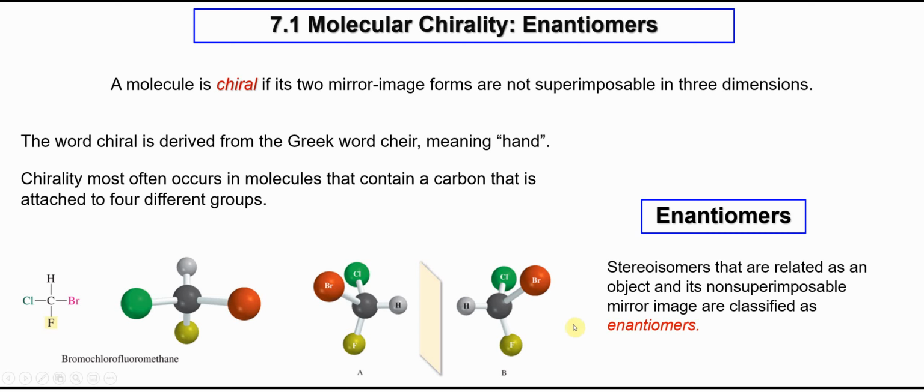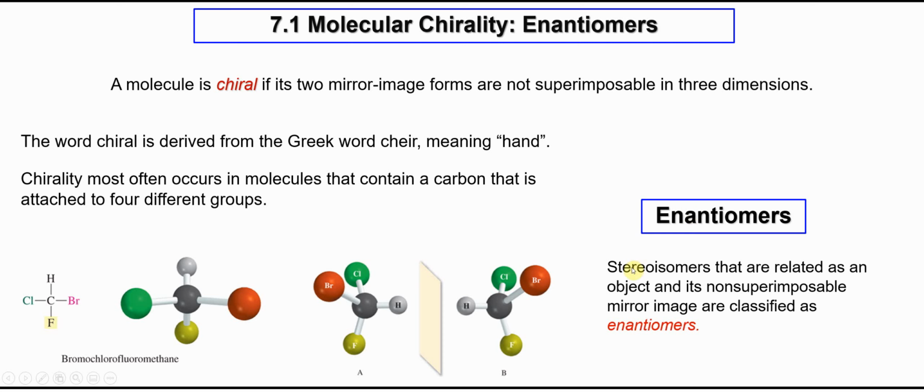Therefore, you are going to find 2 isomers. They are called enantiomers, such as A and B. They are mirror images, such as your 2 hands. Therefore, this molecule is called a chiral molecule. Your carbon is the chiral center. These A and B molecules are called enantiomers.